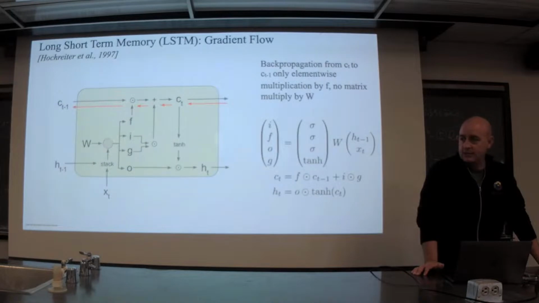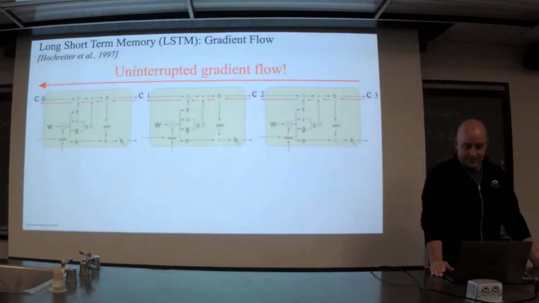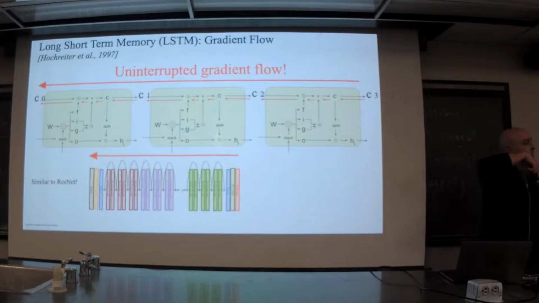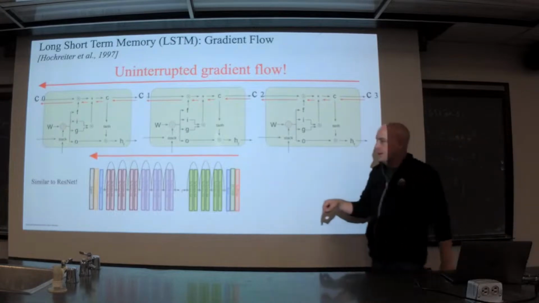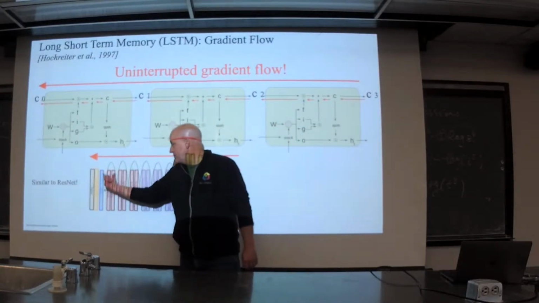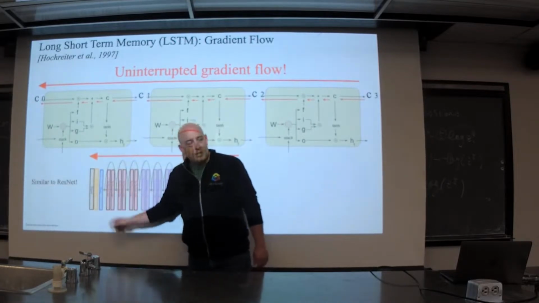What's that example? Yeah, ResNets, exactly. ResNets have these skip connections, or these residual connections that connect the input of these two convolutional layers, this conv block here, to the output of it.